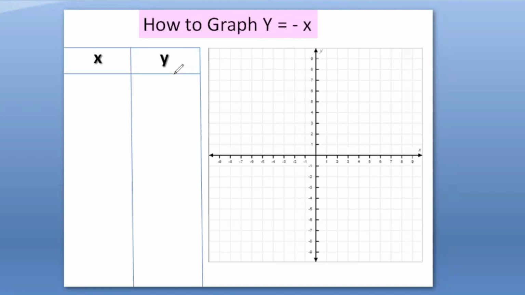Here I take another example: how to graph y equals minus x. In the given equation, again the y-intercept is 0, so our first point on the graph is 0.